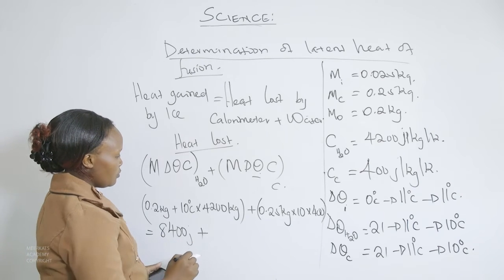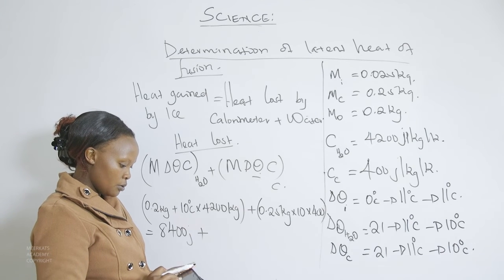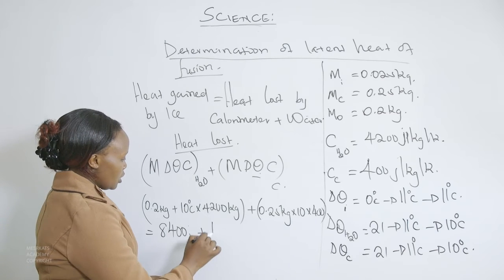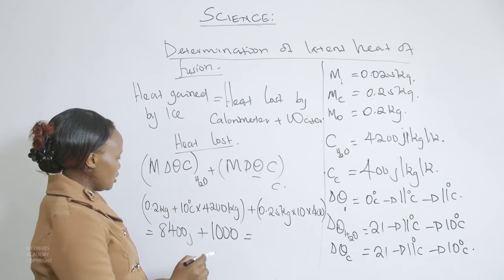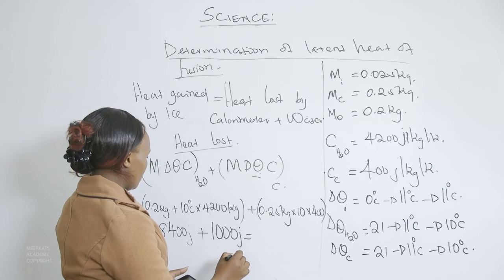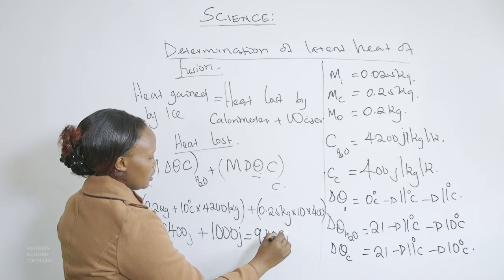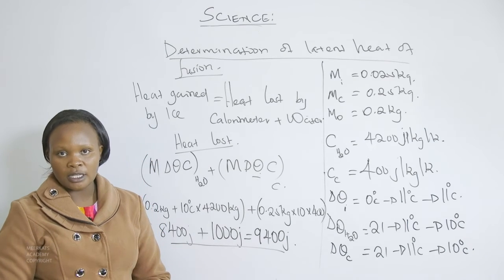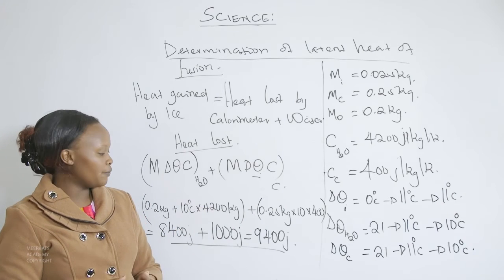That gives us 8400 joules. We add to that 1000, and the heat lost adds up to 9400 joules. That is actually the heat lost by both water and the calorimeter.